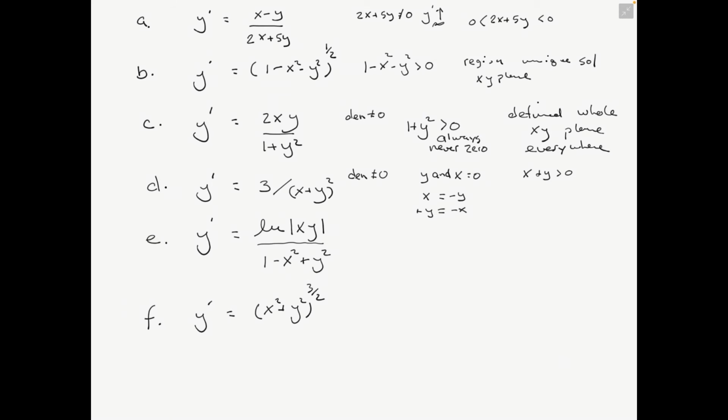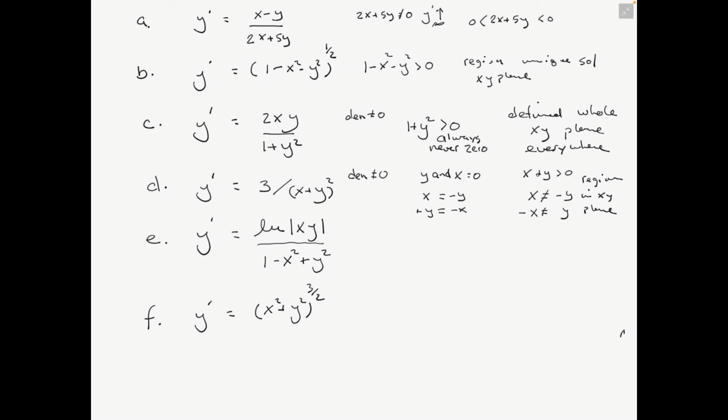Okay, so we have to say x is not equal to negative y, or negative x is not equal to y. And that's the region we're defined in the xy plane.